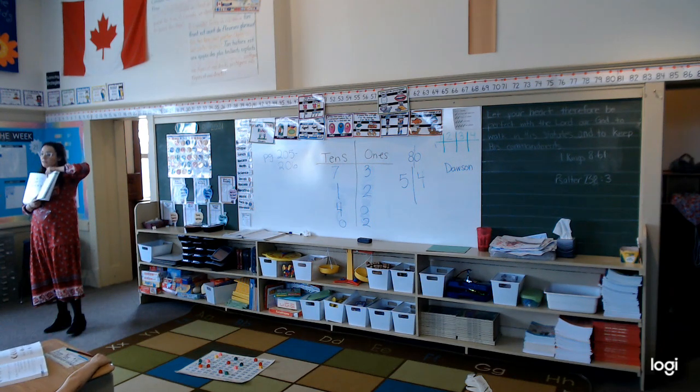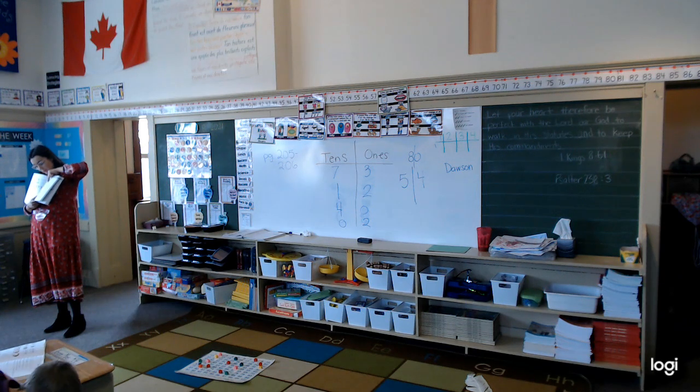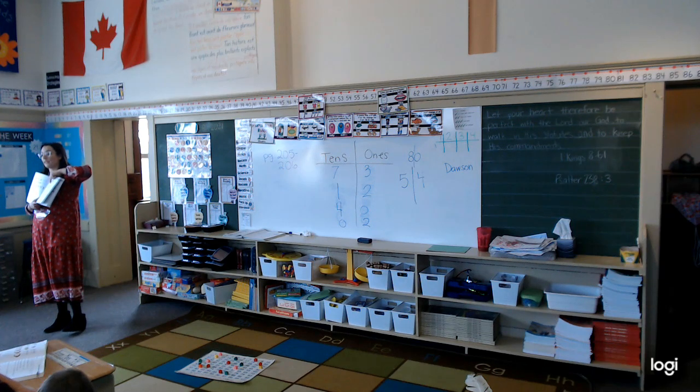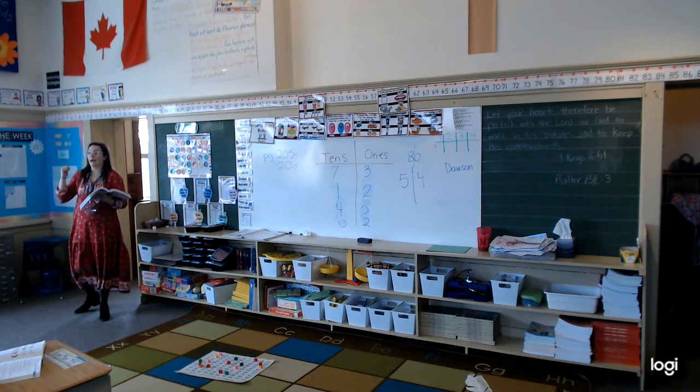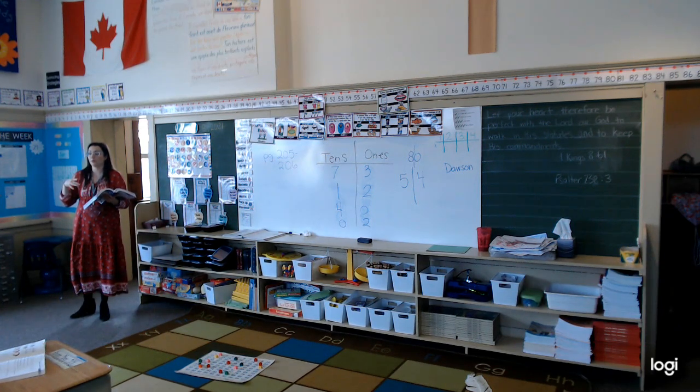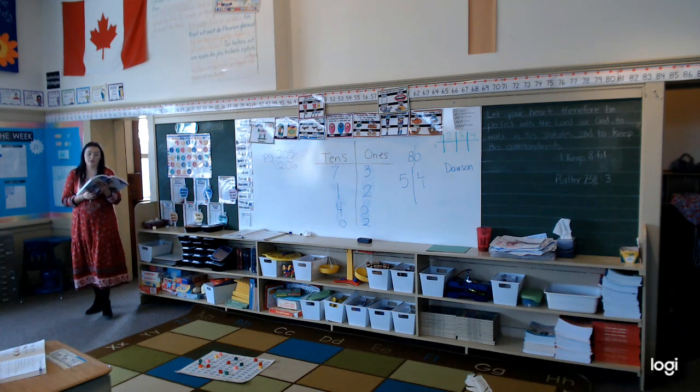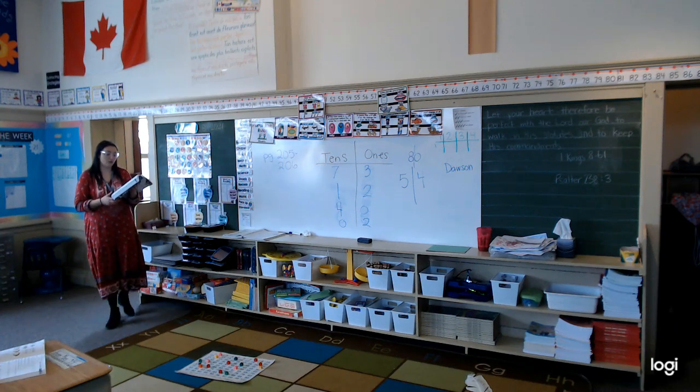So forward means more. And then for number 3, it says start at 31, jump back. It starts with a B. B-A-C-K. So these questions are going to tell you to go back or forward. Back is less, forward is more. Do we understand that, grade 1? Yeah? Okay. So I'm going to let you guys do number 2 and 3 by yourselves.